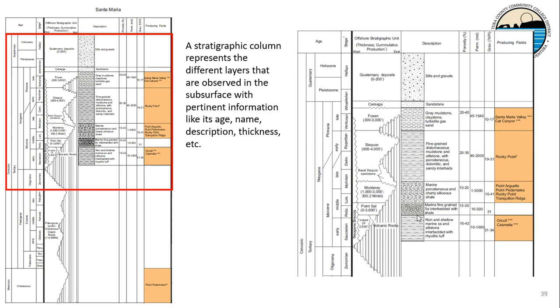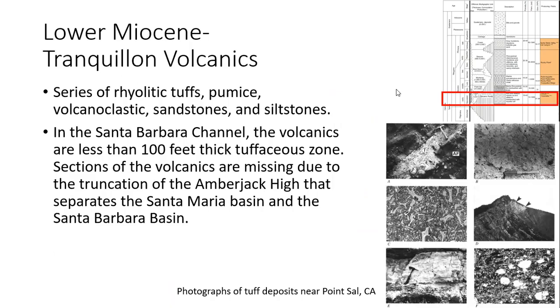And so we have evidence of marine environments from earlier geologic time and things like continental deposits that are more recent in geologic time. So if we were to step through these different sediments, let's look at the lower Miocene.